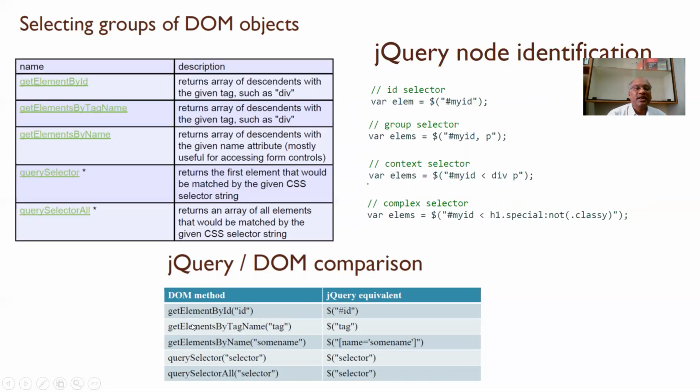Similarly, to get by tag names, you can write the corresponding tag name itself with the dollar symbol, referring to that particular tag. Similarly, for CSS selectors, you can write the actual CSS names over here.